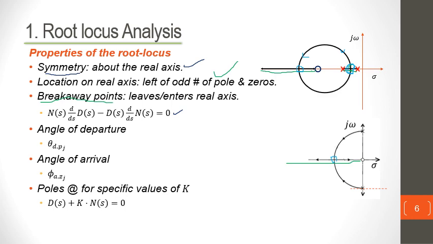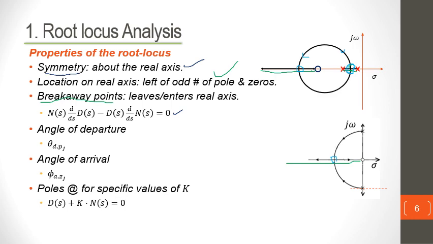If you solve this equation, you will find a lot of points s that satisfy it, and some of those points are going to be the break-in and breakaway points.